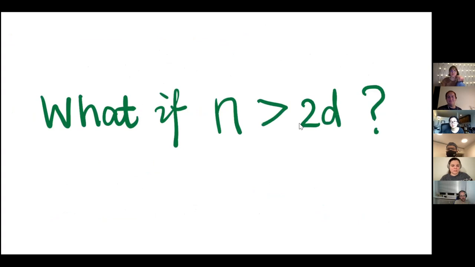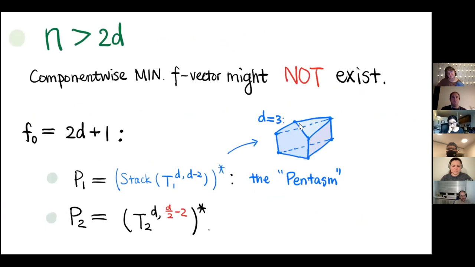Another direction one can think of is to push the limit of the number of vertices. Recall that I mentioned there wasn't a conjecture for n greater than 2d, and it seems there's a reason. We stop at 2d, so what if we just look at the 2d plus 1 case?